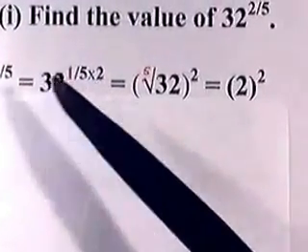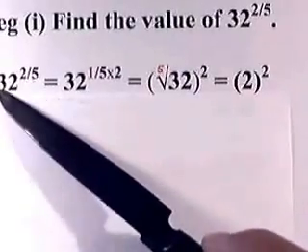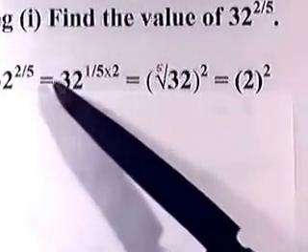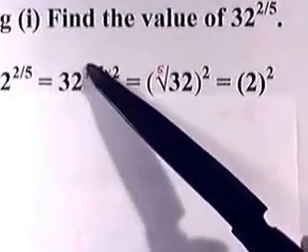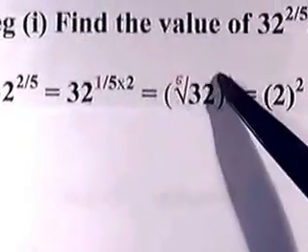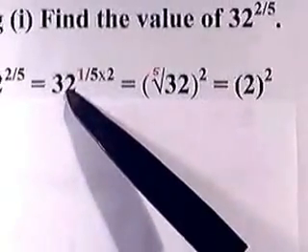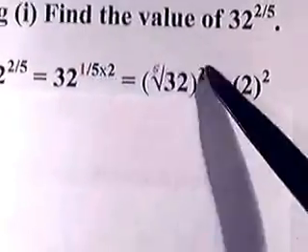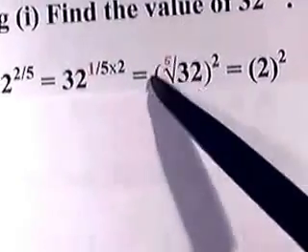So I've started by writing 32 to the power of 2/5 equals 32 to the power of 1/5 times 2. I've then put brackets around the 32, and that times 2 is like squaring this brackets.